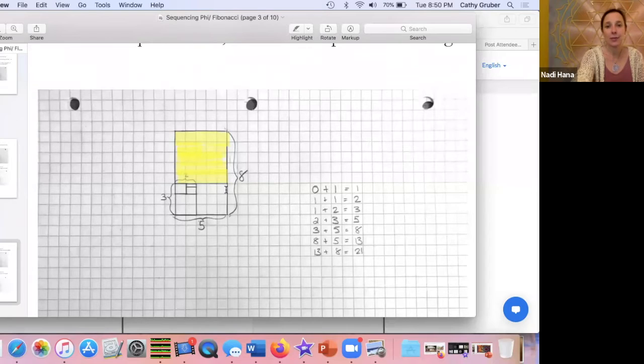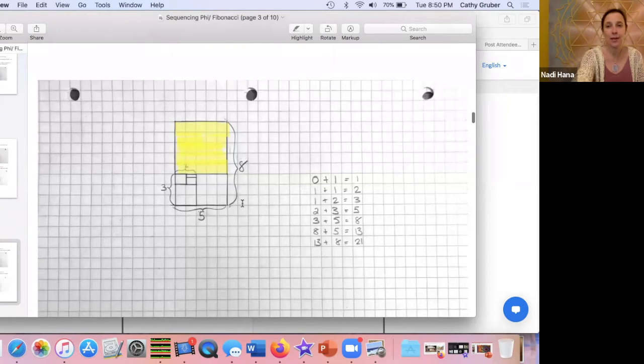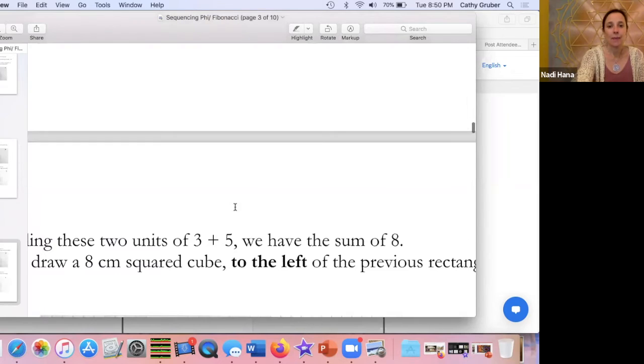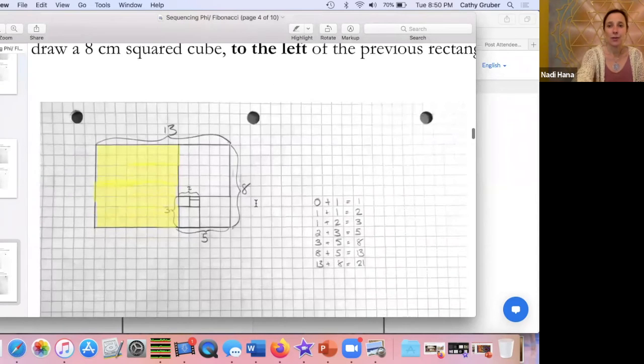And I've just put these little wiggle numbers here. Don't worry about that unless you want to remember it. So next we're going to draw around counterclockwise to the left, and we're going to be adding 5 cubic centimeters width plus the measurement of 8 to give us 13 cubic centimeters squared total.